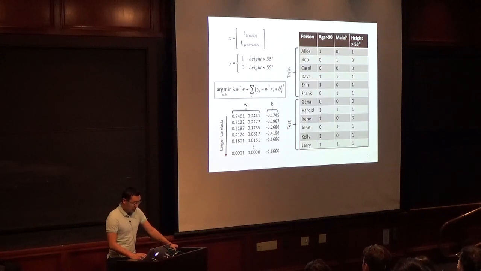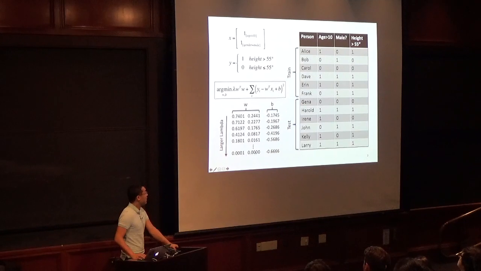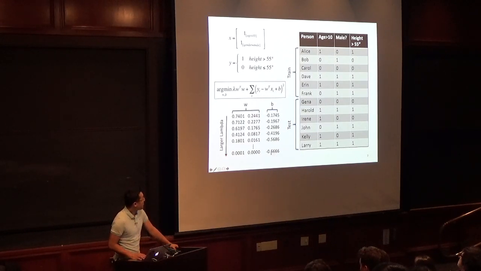When lambda is 0, the first row is what W and B look like. As lambda increases, when lambda gets really, really large, W converges to 0 as lambda gets arbitrarily large. And then B converges to just a fixed offset.